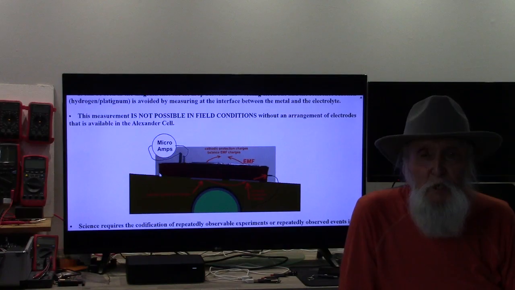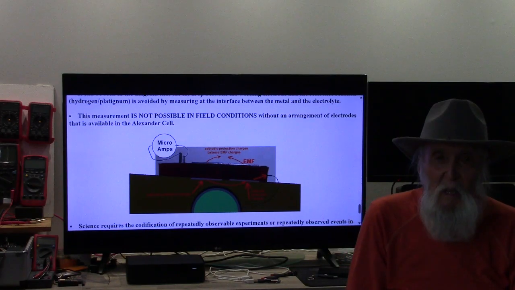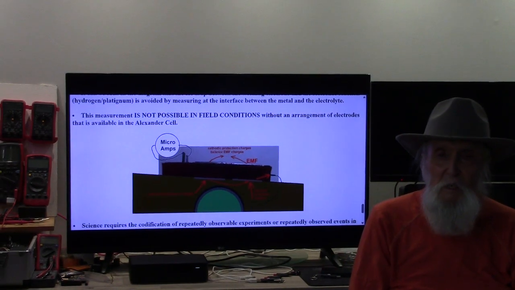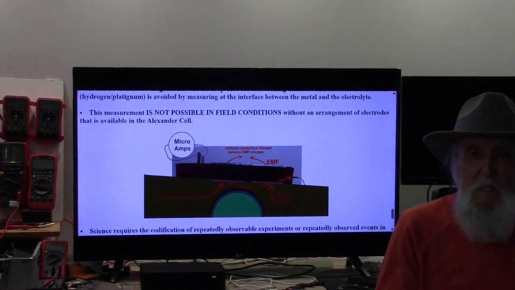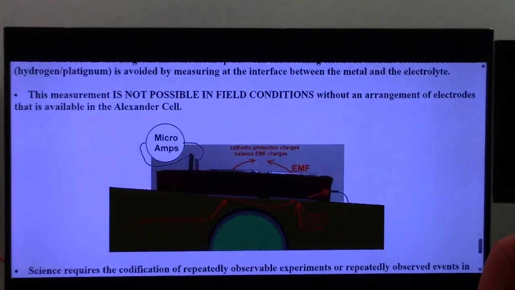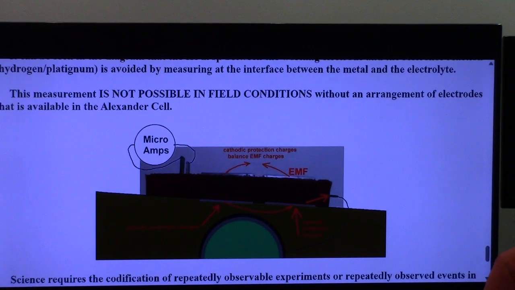This measurement is not possible in field conditions without an arrangement of electrodes that is now available in the Alexander cell, as shown in this picture.